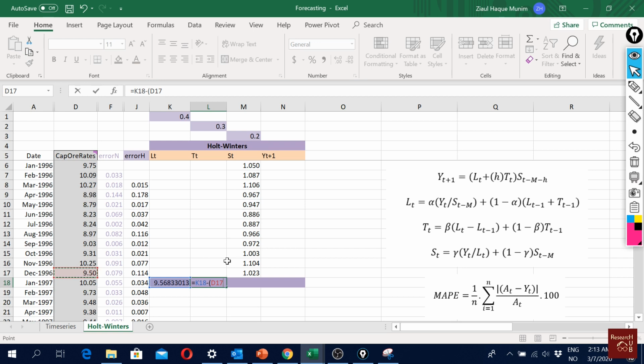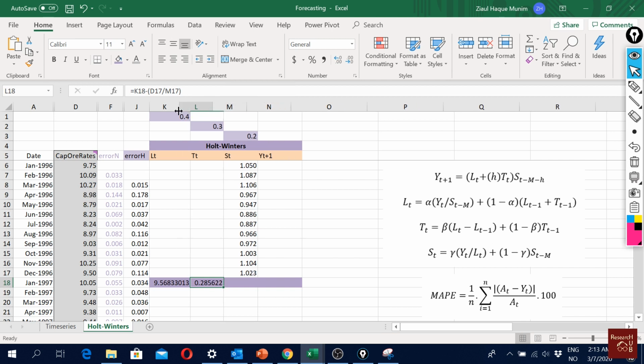So instead, we can simply use the value of December 1996 to get this value. So we divide this with the value of December 1996. Okay, so that's how we get an estimate for the trend value. So these are the values that we got.